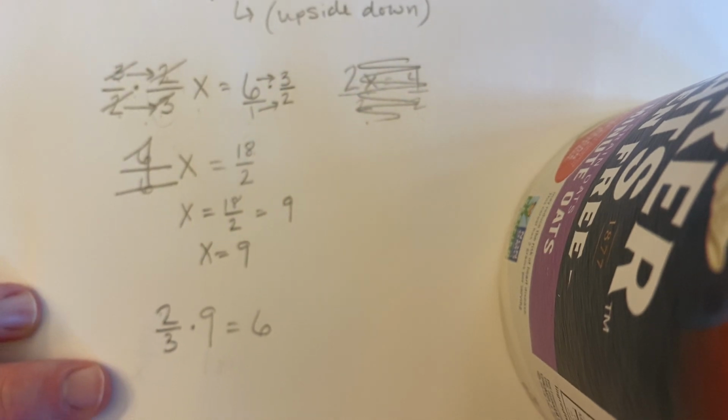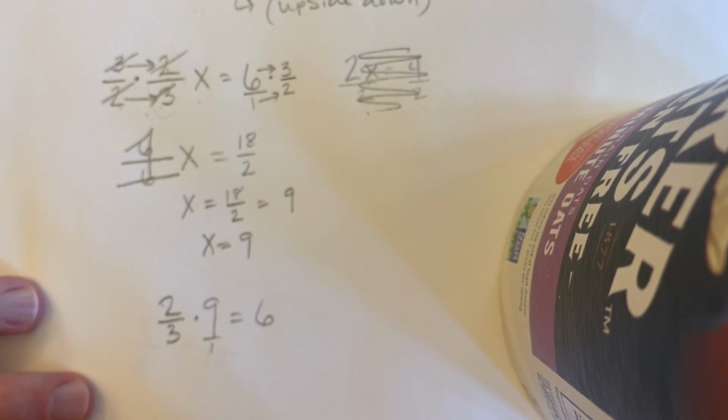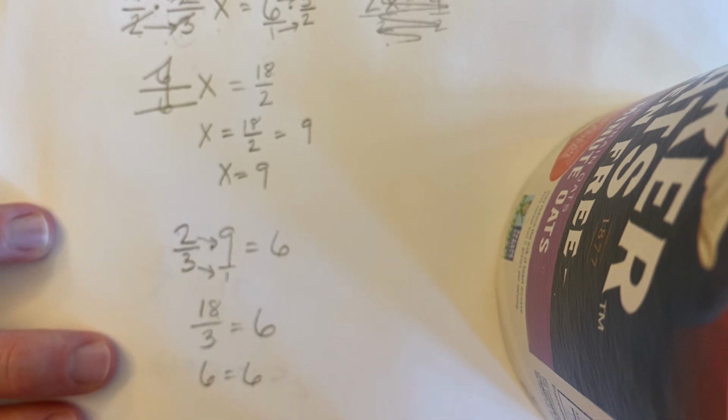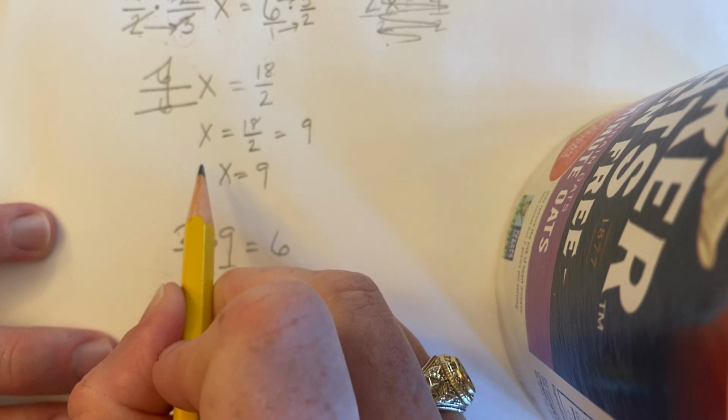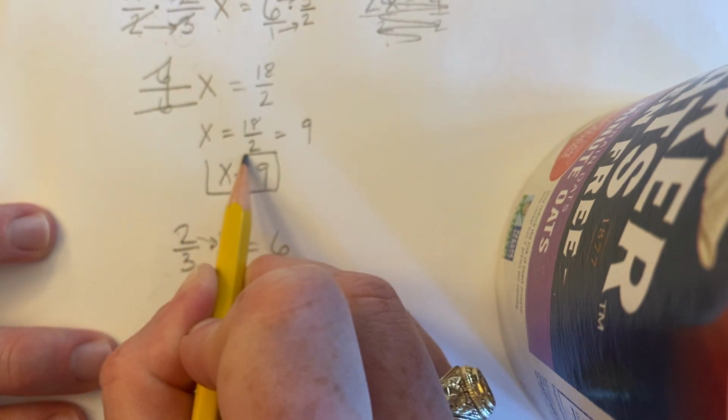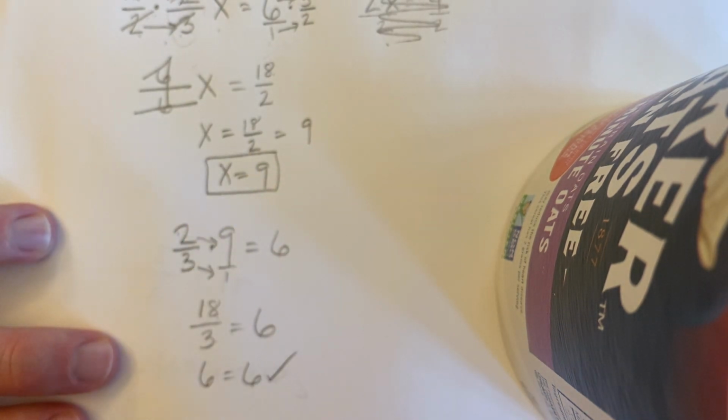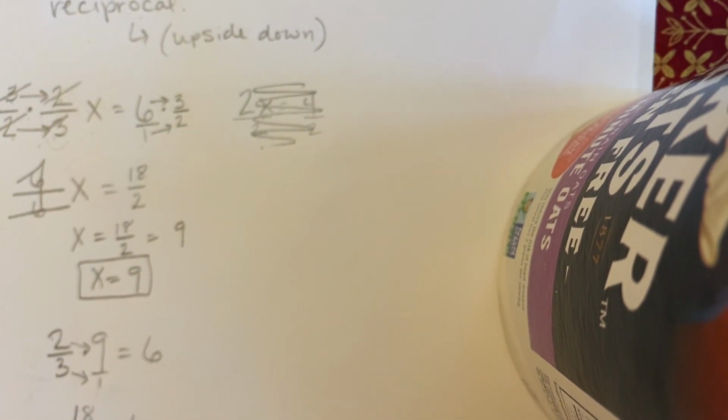Maybe I should slide this 9 over 1, so I can multiply by this fraction. 2 times 9 is 18. 3 times 1 is 3. Is 18 divided by 3 equal to 6? Yes, it is. So we're good. Final answer, x equals 9. Let's look at one more.